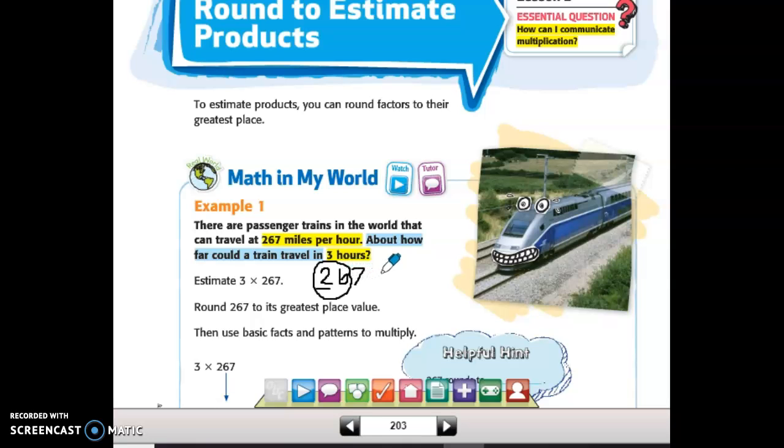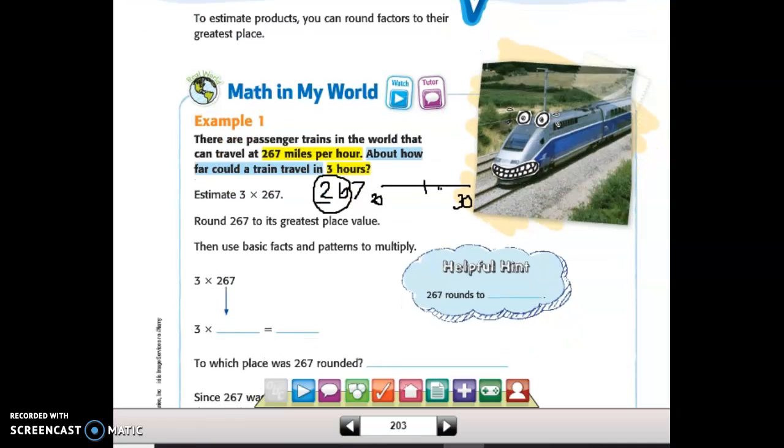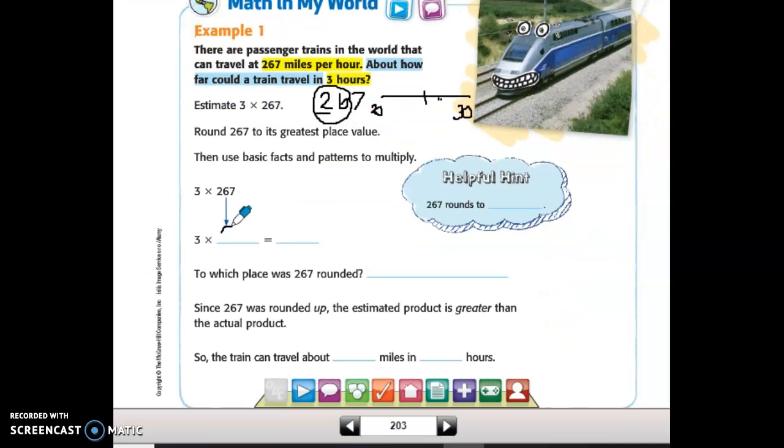And if I drew out a number line and I had 20 on one side and 30 on the other, you'd have 35 right in the middle. And 26 would be on this side of that. So 26 is going to round up to 30, so 267 is going to round up to 300.